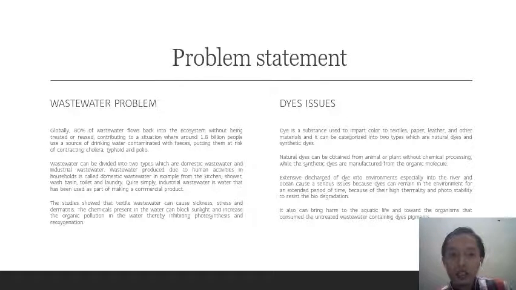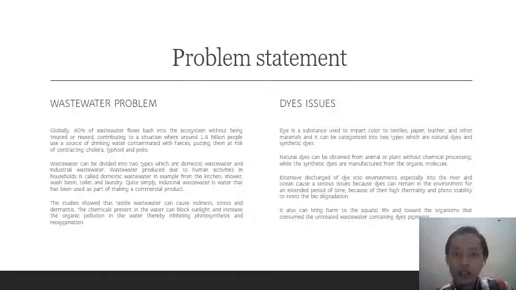A study has shown that textile wastewater can cause sickness, stress, and dermatitis. The chemicals present in the water can block sunlight and increase the organic pollution in the water, thereby inhibiting the photosynthesis of plants and reoxygenation.